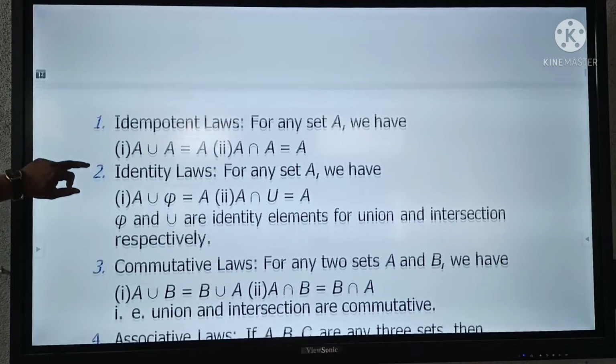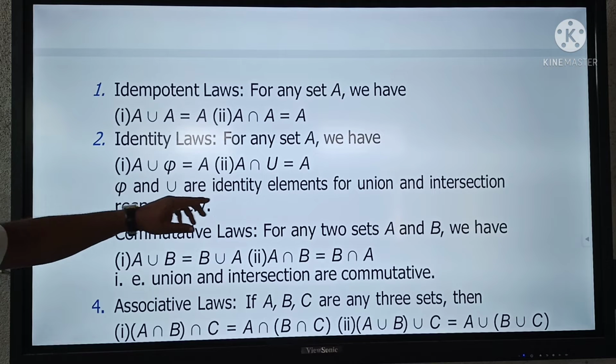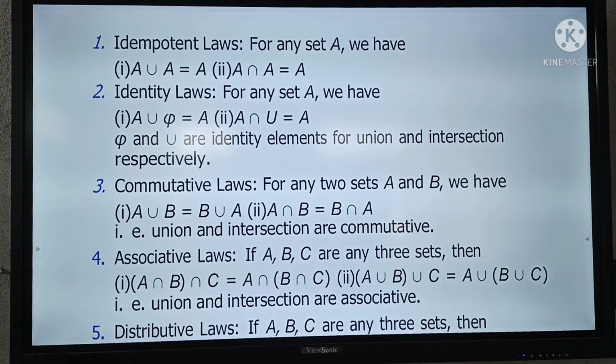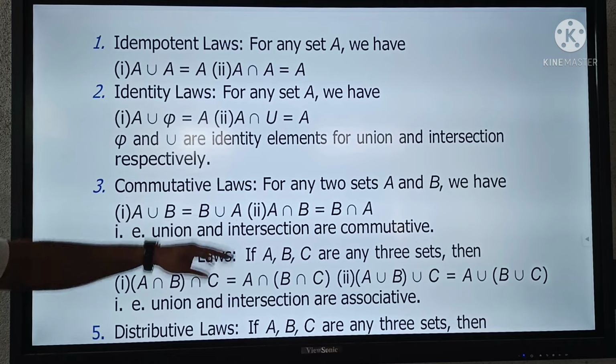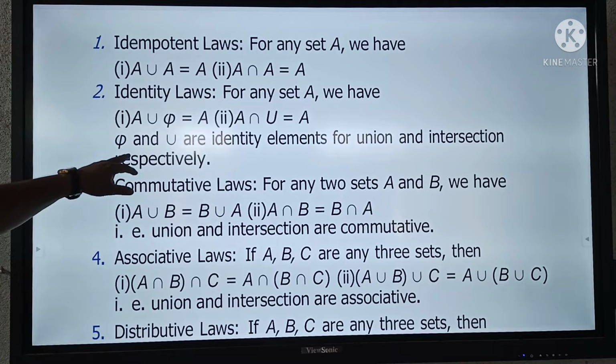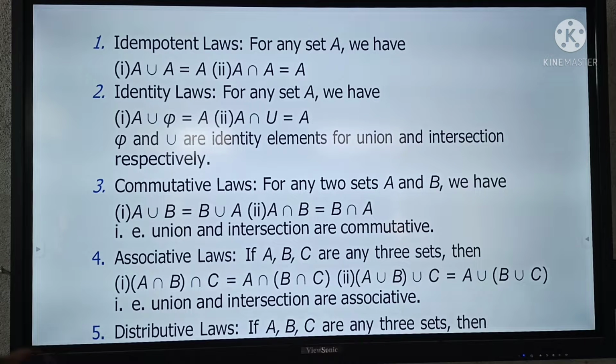So these are the preliminary things. Idempotent law: for any set A we have A union A is A and A intersection A is A. Identity laws: for any set A we have A union phi is A and A intersection U is A. So phi and U, the universal set, are the identity elements for union and intersection respectively.